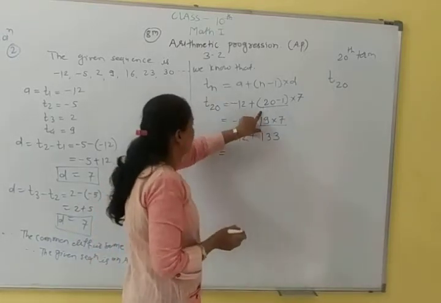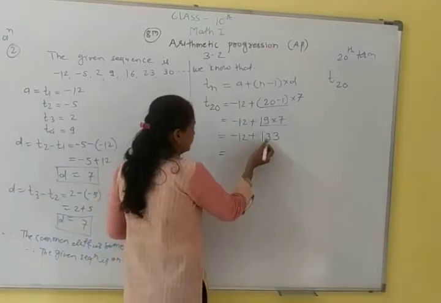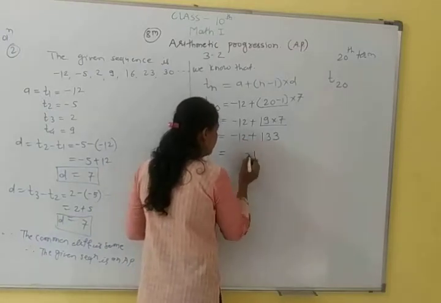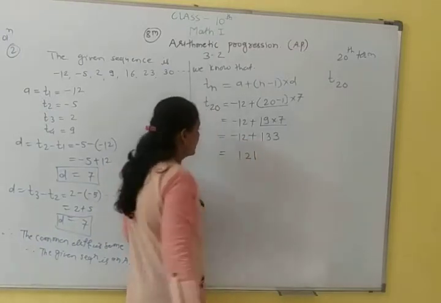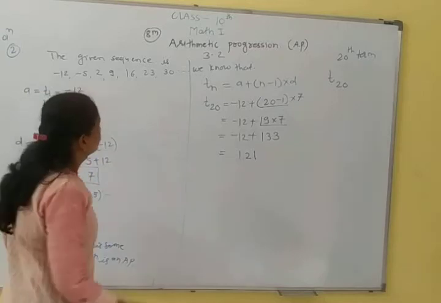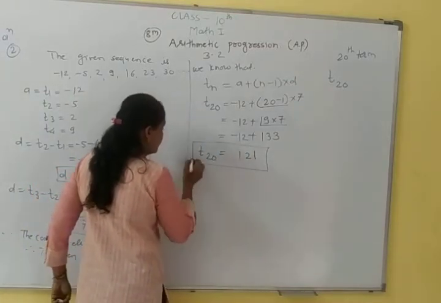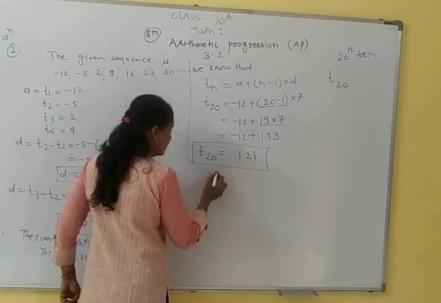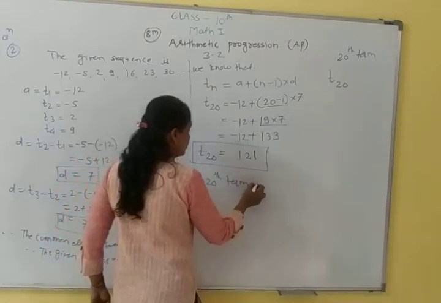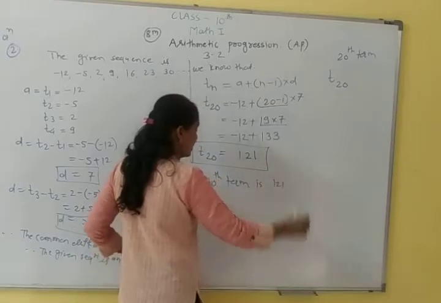Minus 12 plus 133: 3 minus 2 is 1, 3 minus 1 is 2, and here 1. So 121. So our T20, the 20th term, is 121. Therefore the 20th term is 121.